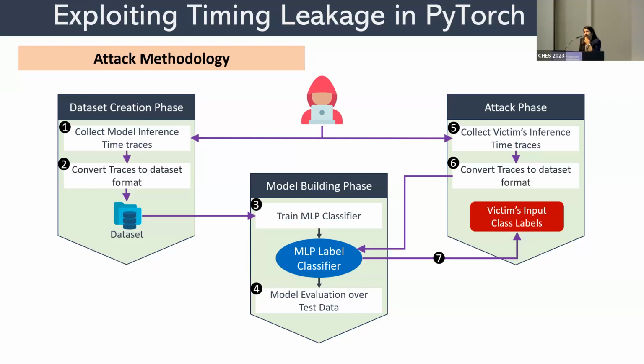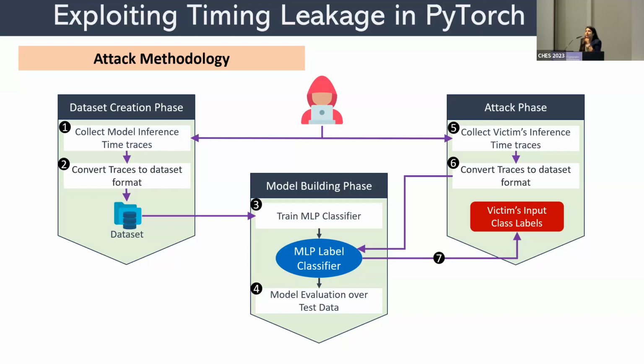So it takes the model, takes its own data, gets the timing traces for different classes, and converts those traces to dataset format. Finally, in the model building phase, it trains a simple multi-layer perceptron label classifier and tests this model on its own test data.